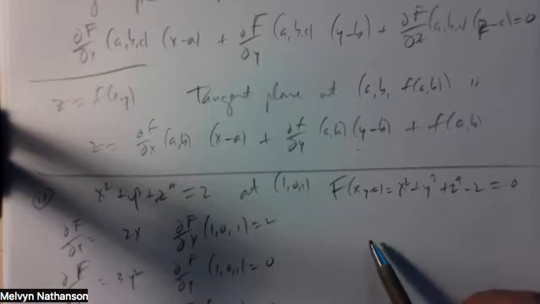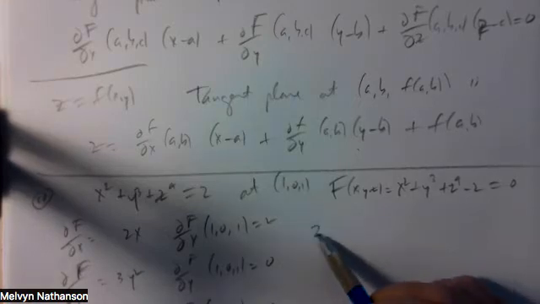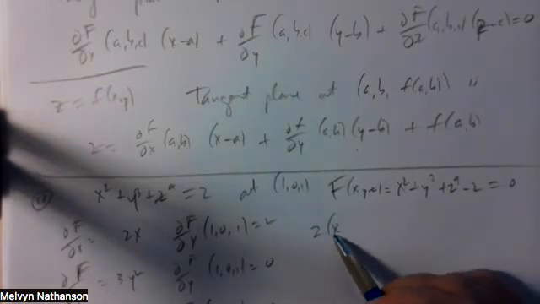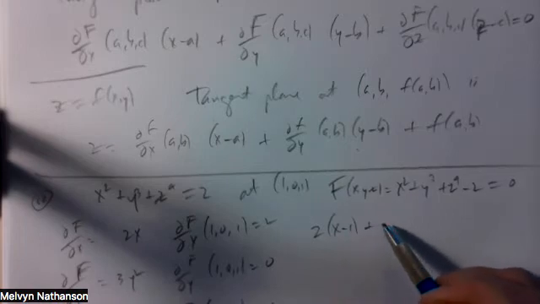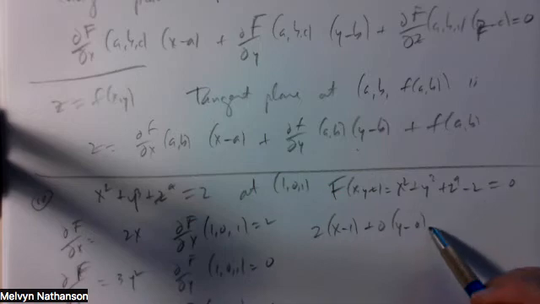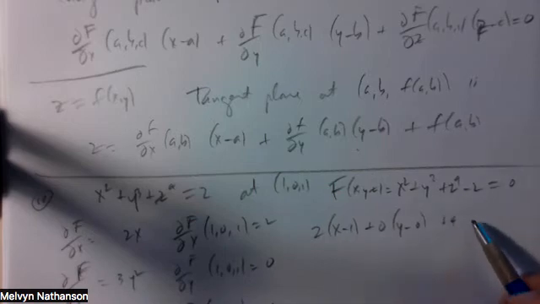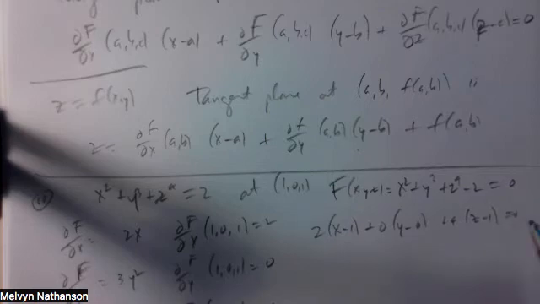So my tangent plane looks like 2 times x minus 1, plus 0 times y minus 0, plus 4 times z minus 1, equals 0.